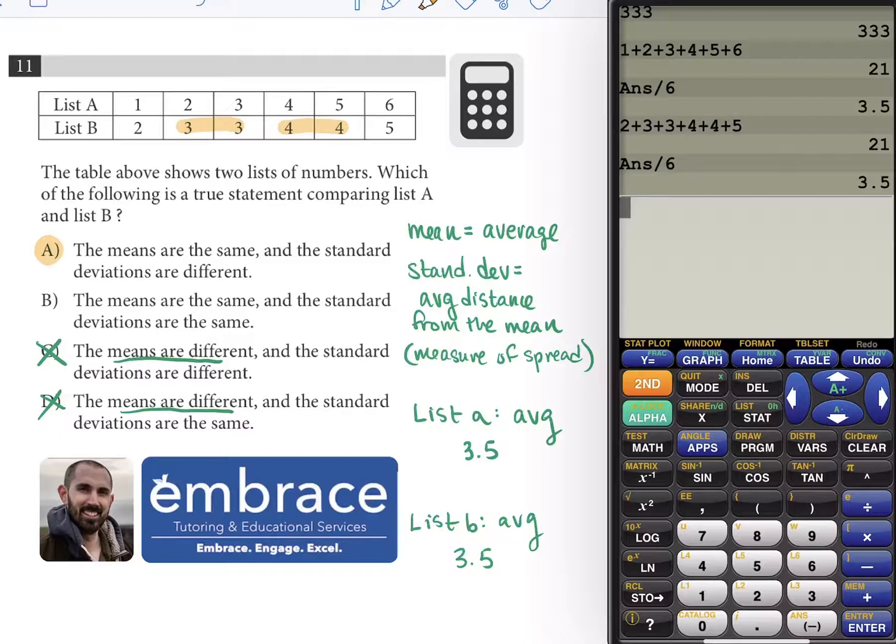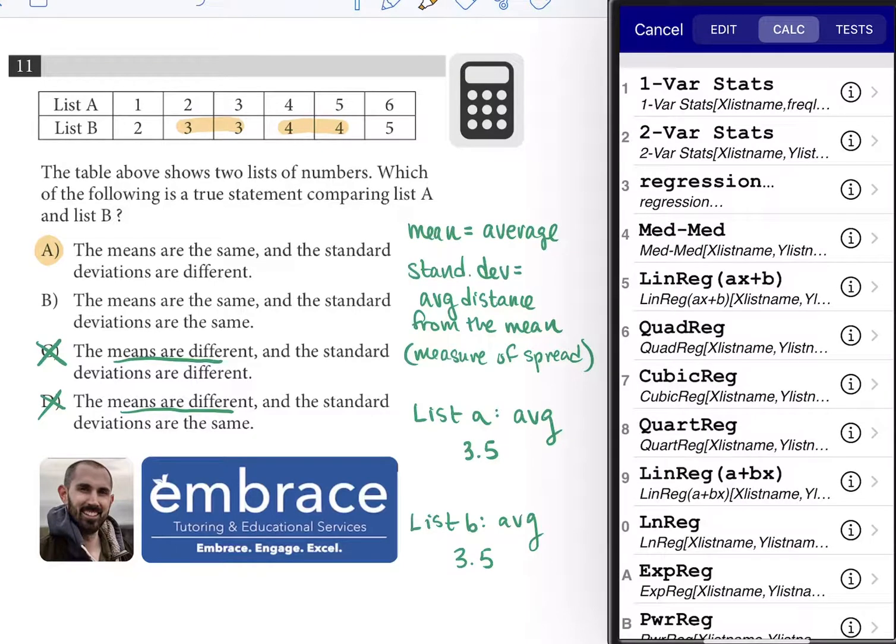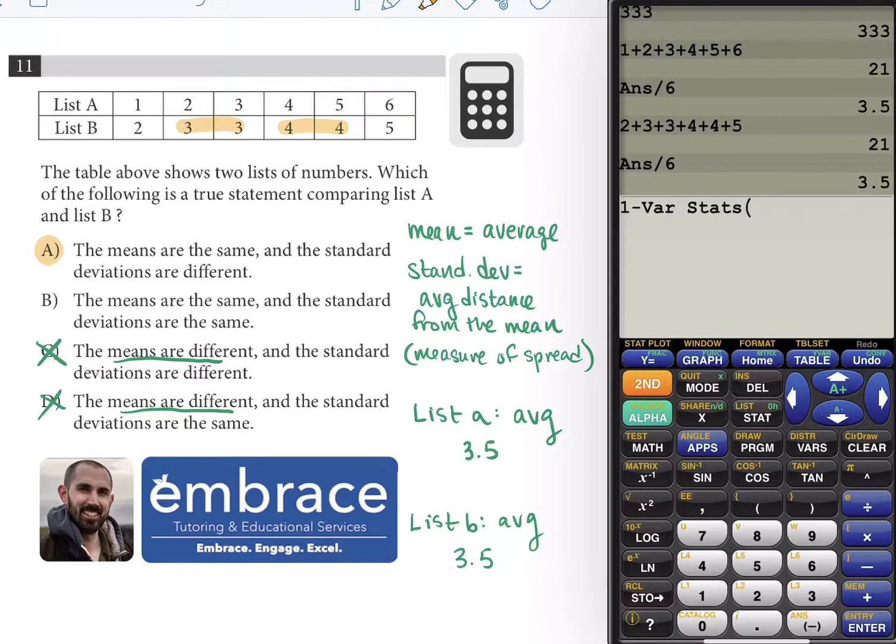All right, so I'm going to hit that stat button again, which is next to the left arrow. Now I'm going to go over to the calculate menu, and I'm going to run a 1 variable statistic test, which is number 1. Depending on your calculator, it may prompt you already with list 1 in there. If it doesn't, then I need to tell the calculator I want list 1.